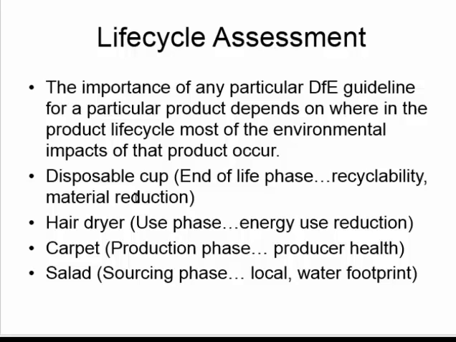Other products, particularly agricultural products, for example, the sourcing phase is really going to be the biggest deal. So we might want to think about things like local sourcing, sourcing inputs that have a lower water footprint, sourcing from regions that have plenty of water, those types of things. So it really depends.